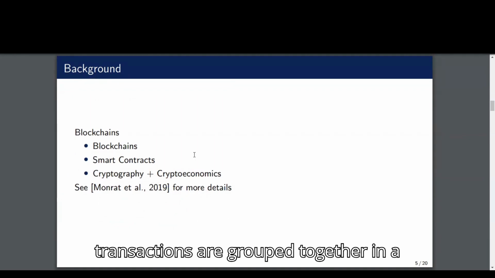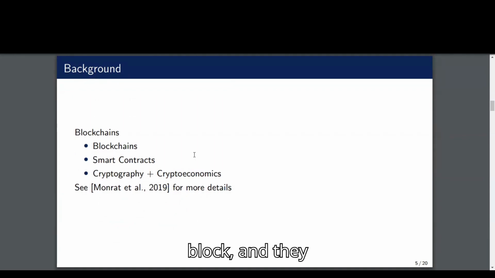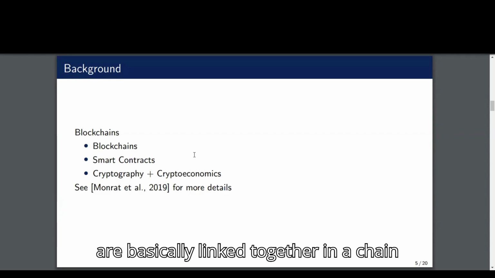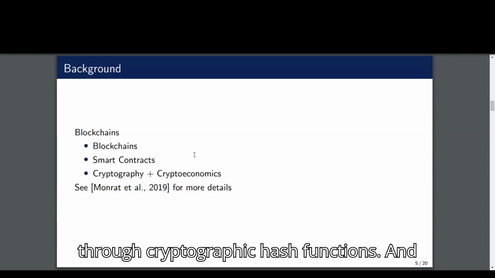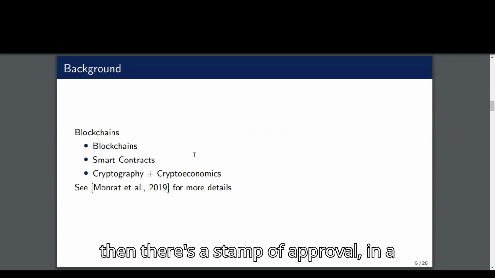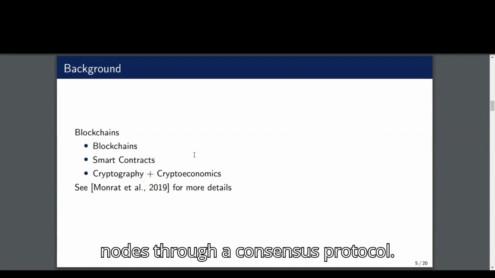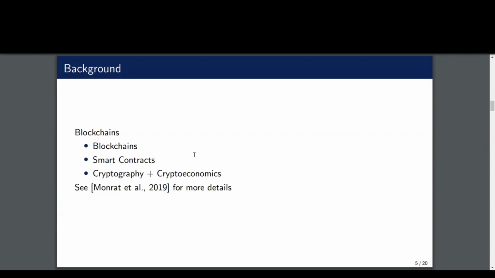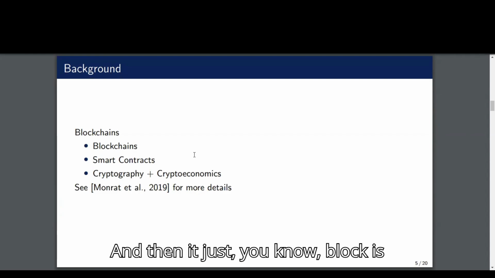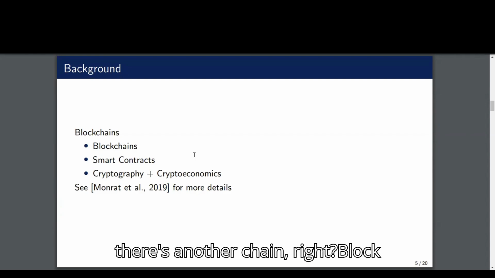The transactions are grouped together in a block, and they are linked together in a chain through cryptographic hash functions. And then there's a stamp of approval, in a sense, from a distributed group of nodes through a consensus protocol. Then a block is created, block is set up, and then there's another chain, right?